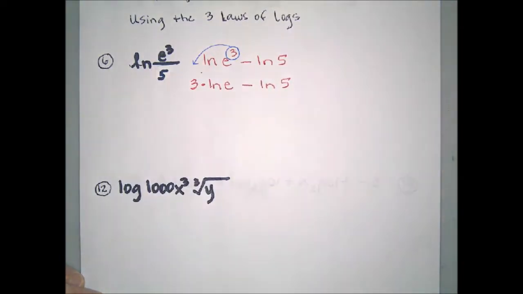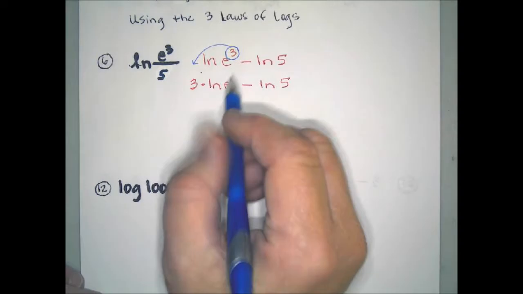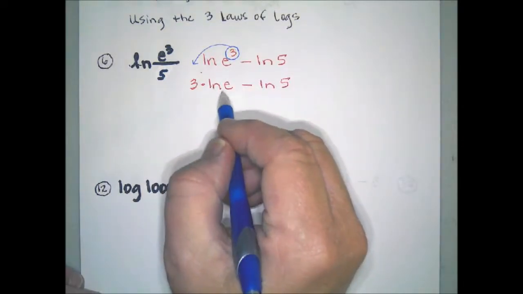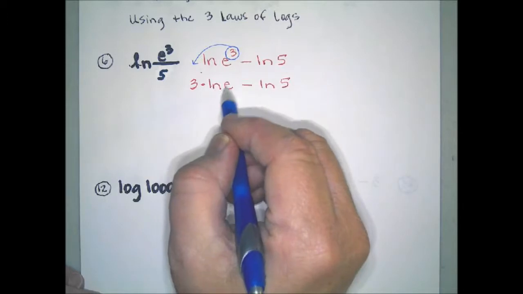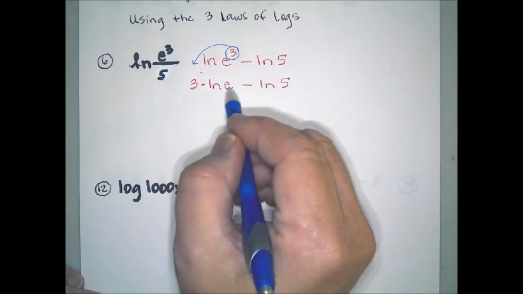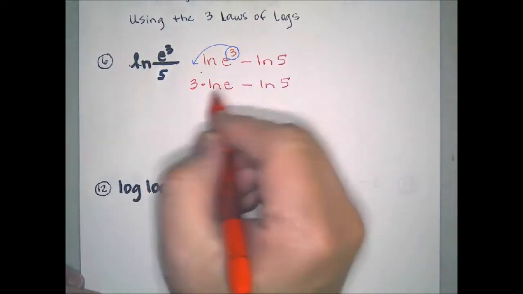Now I can do some more simplifying because I know what the natural log of E is. Remember, the natural log is just a log that has E as its base. And anytime you're logging something with the base and the number you're logging match each other, you know that answer is 1. So the natural log of E is 1.